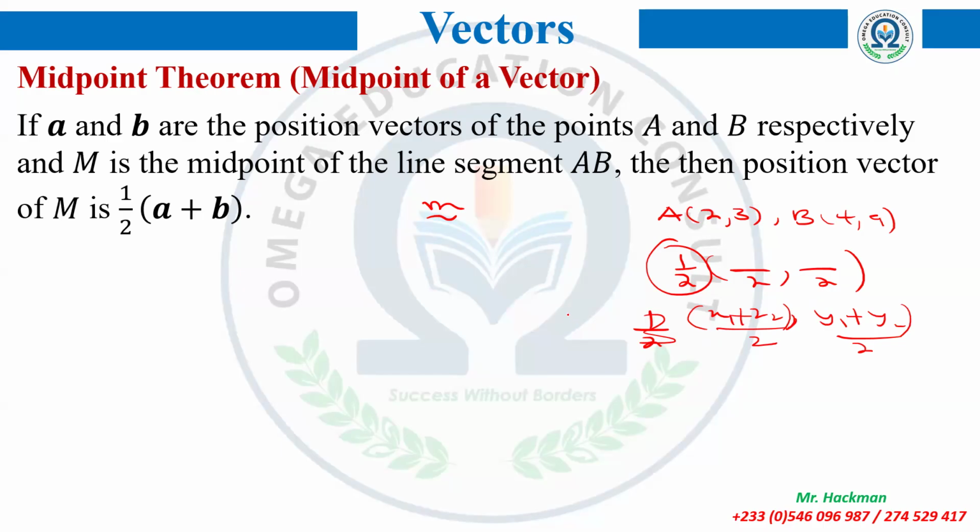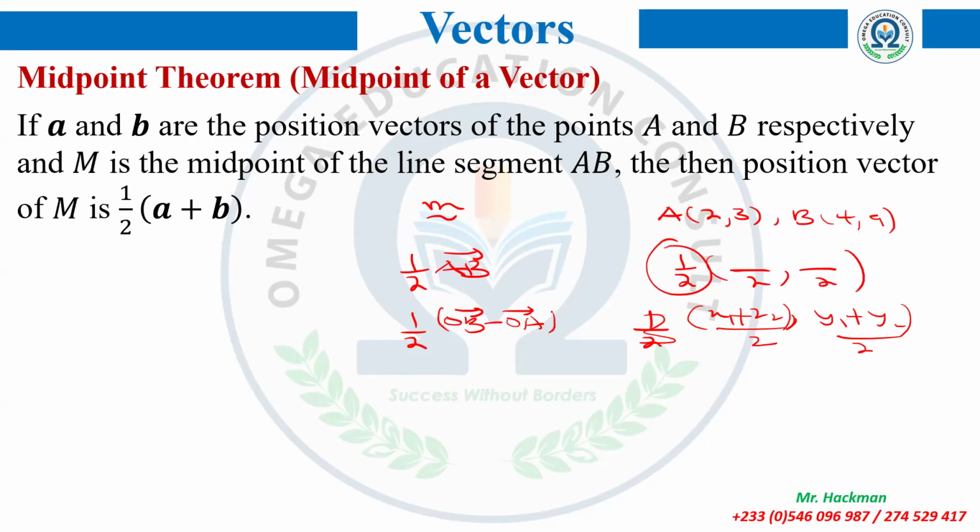So usually we don't encourage students to write half of AB. If you write half of AB, be careful not to use the position vector form to represent AB. Other than that, you get half of OB minus OA. Do you agree with me?